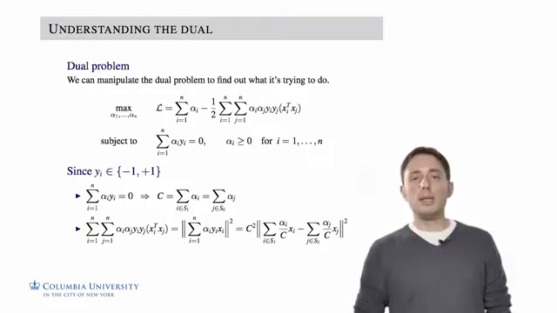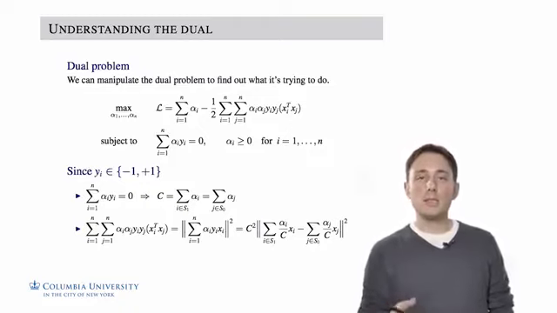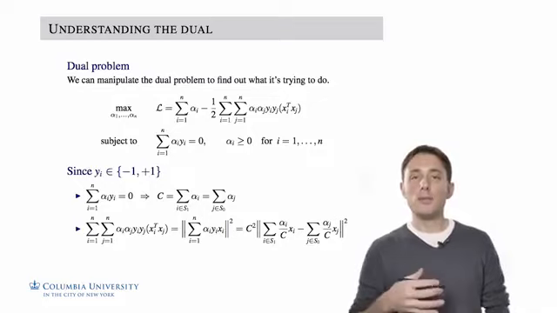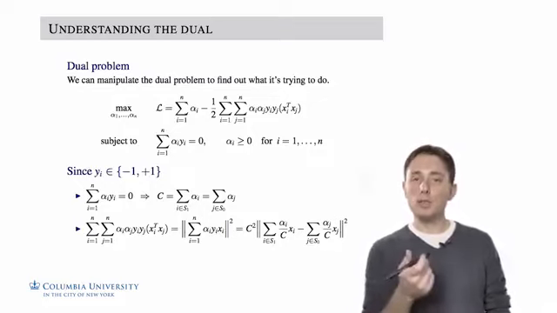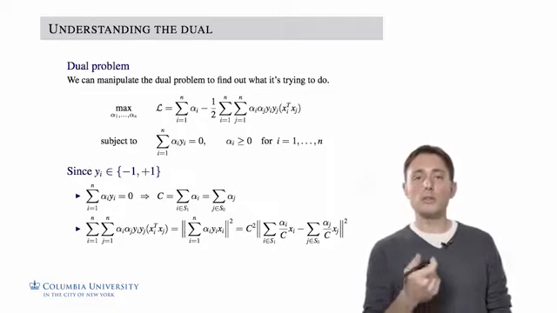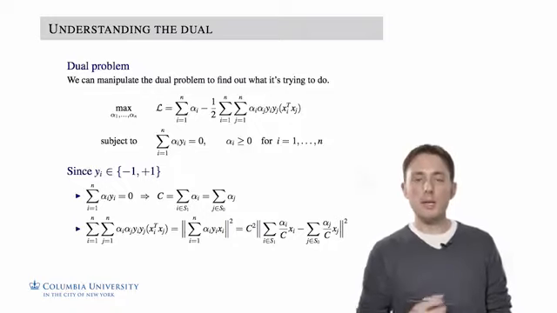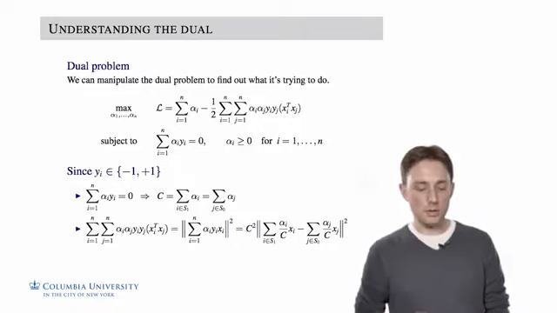Here is where we can see that maximizing this dual is doing something that we originally said that we wanted to do, which is finding 2 points in the respective convex hulls of the two classes that have the minimum distance to each other. So minimizing the distance between the convex hulls.